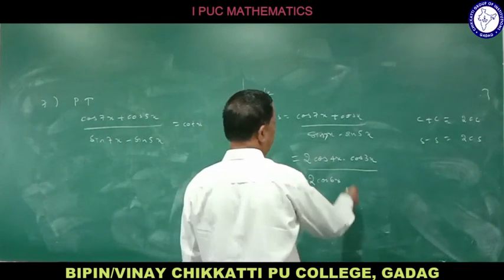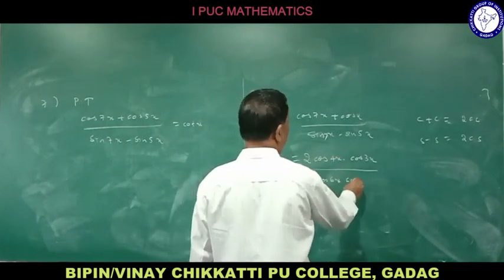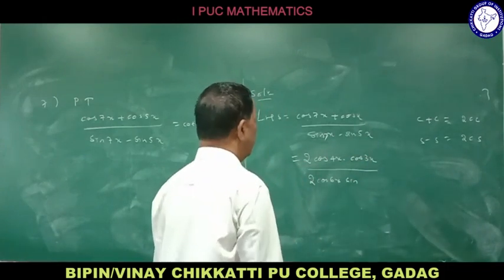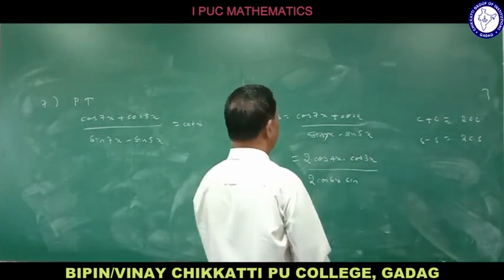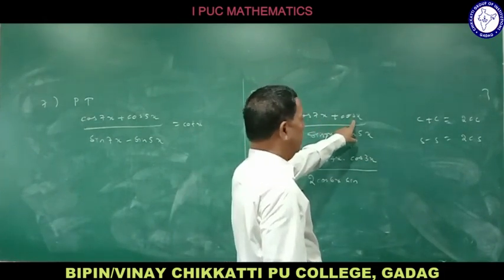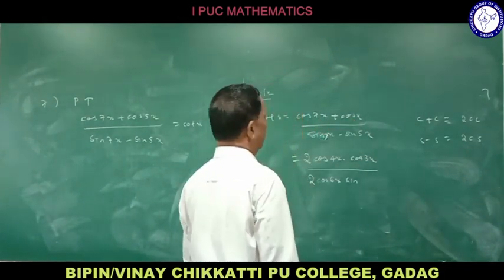And next, sin of 7 minus 5, how much is it?